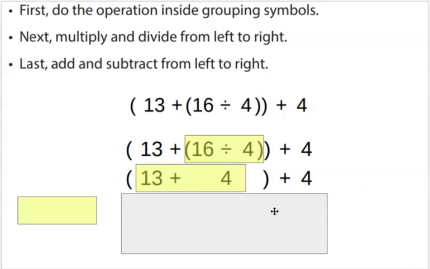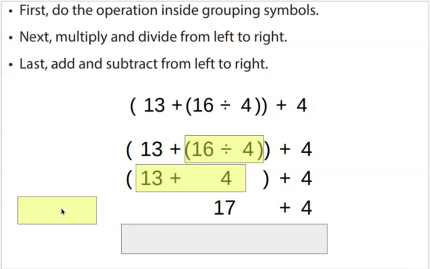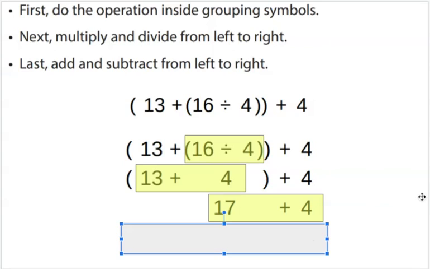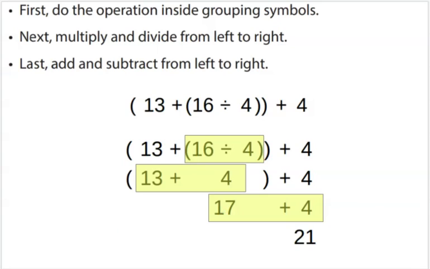Go ahead and write that underneath. All right. And then you can see you've now gotten your problem all the way down to just the sum of 17 plus 4. So when you finish that answer up, you should get 21.